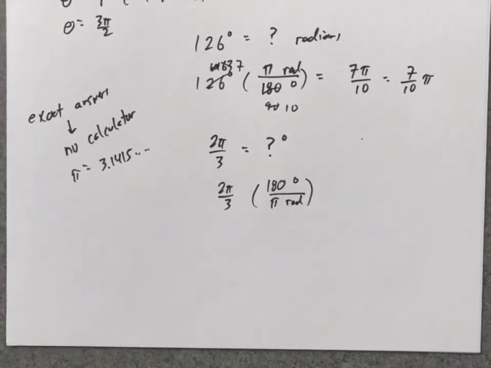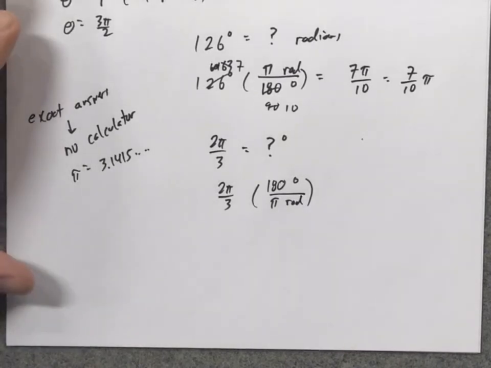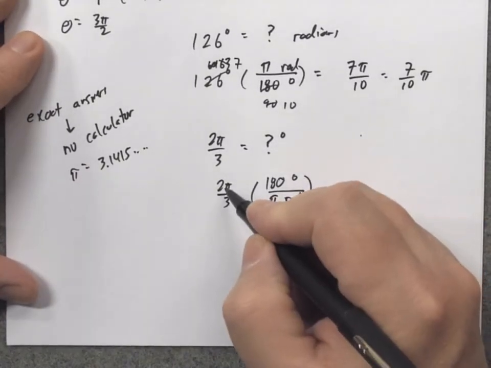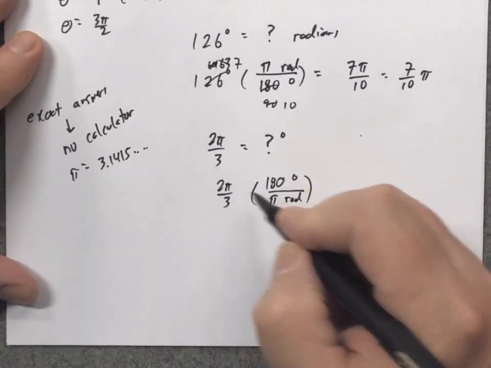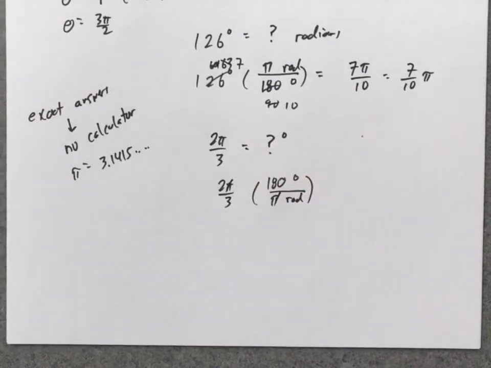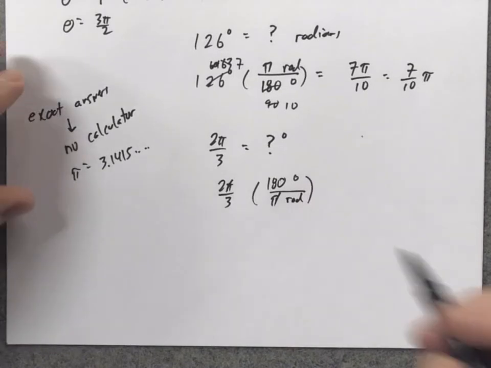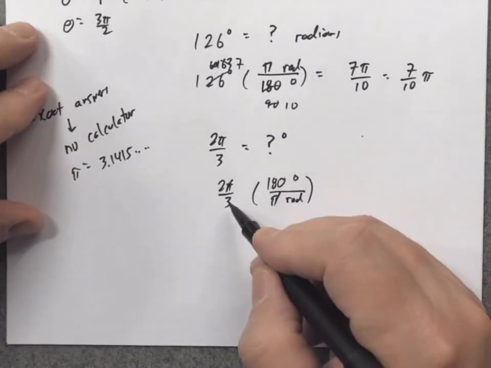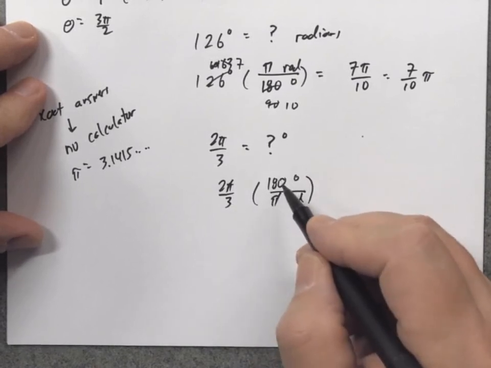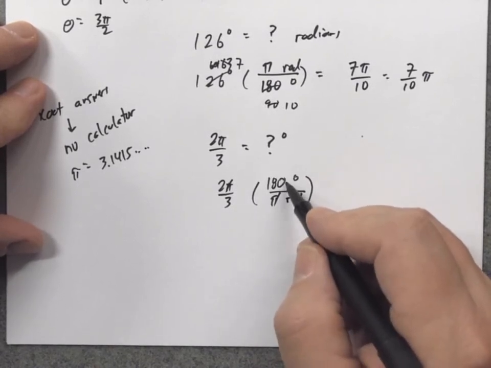So once again, we're going to get an exact answer, so I'm not going to use my calculator unless the numbers get too big and I need some help. But hopefully I can just do these in my head with some canceling. First of all, look at this. I got a pi in the top as a factor and a pi in the bottom as a factor. The pi's cancel out. I notice I got 180 up here and 3 here. Now in my head I realize that 3 goes into 180. 60 times 3 is 180.